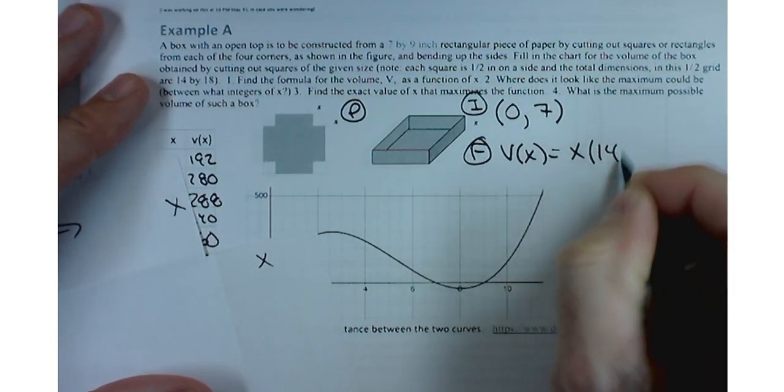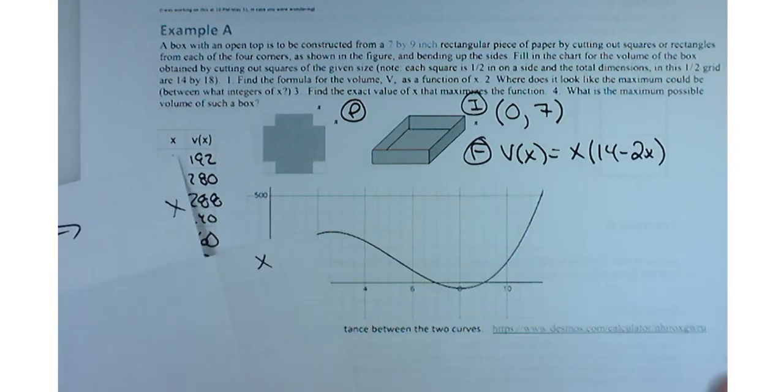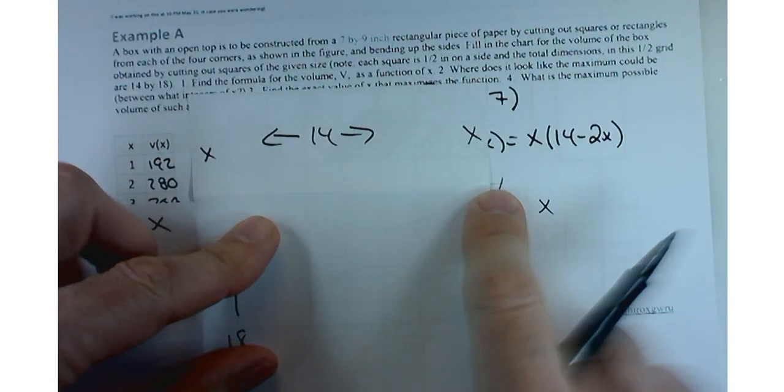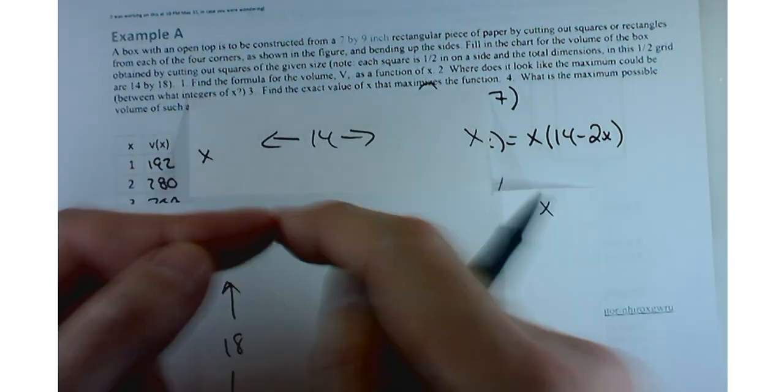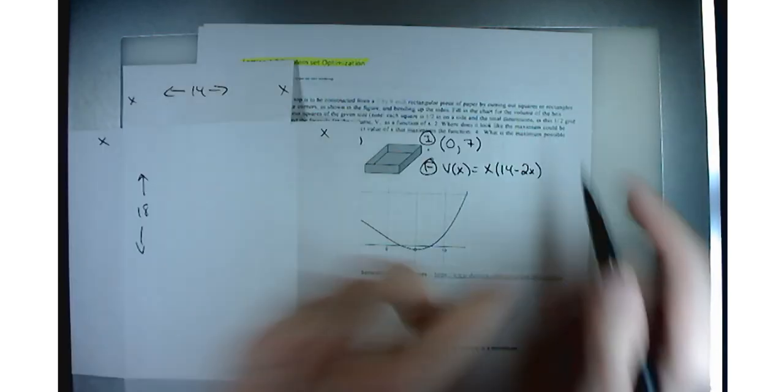Not 4x, but 14 minus 2x, because you're cutting out a length of this and a length of this, so you're cutting out 2x from the length. How about in the height here? How much is left in the height if I cut out x this way and x this way? How much is left for the height? 18 minus 2x.